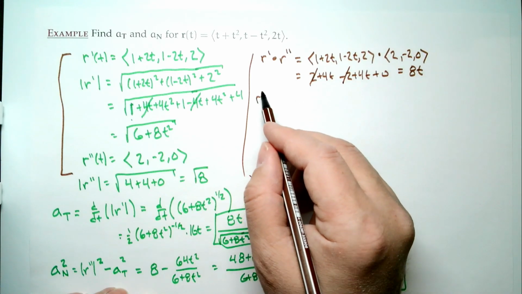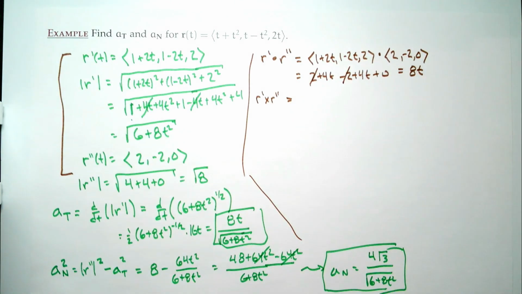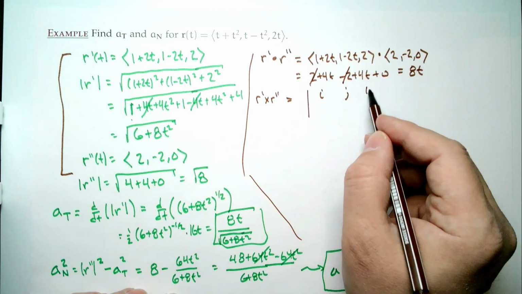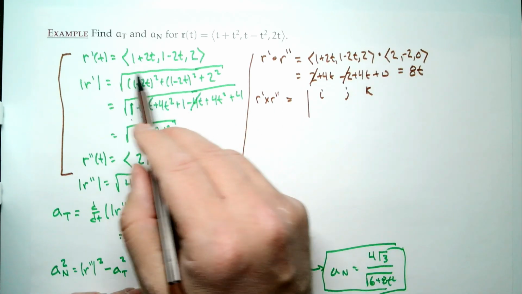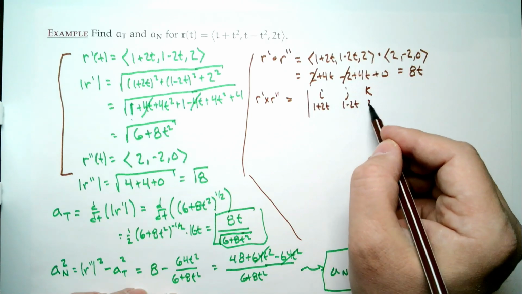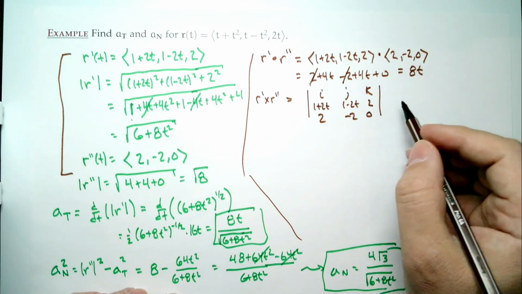The cross product, r prime cross r double prime. Okay, so now we do a cross product. So that becomes i, j, k, put into the r prime, 1 plus 2t, 1 minus 2t, 2, r double prime, 2, negative 2, 0.